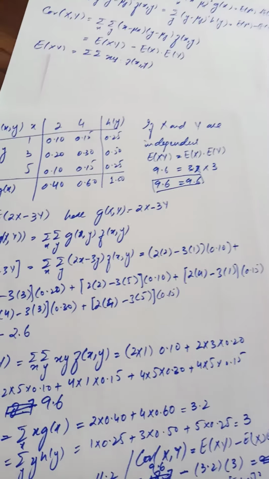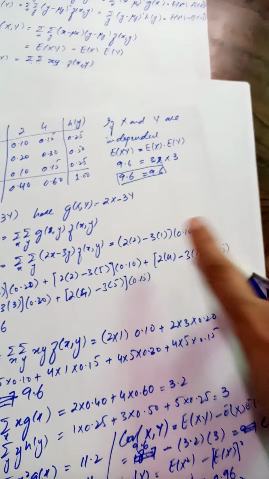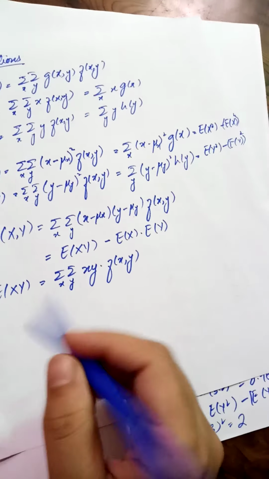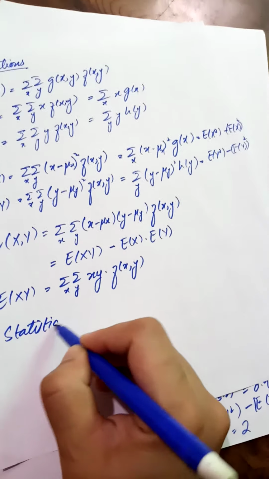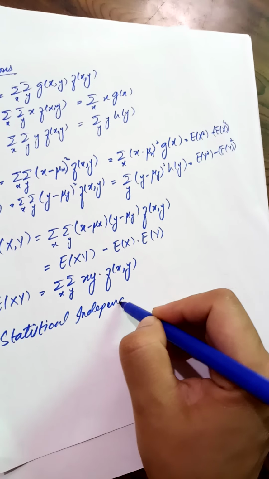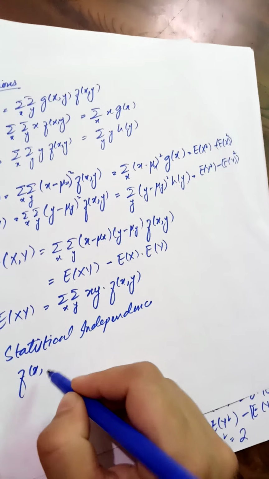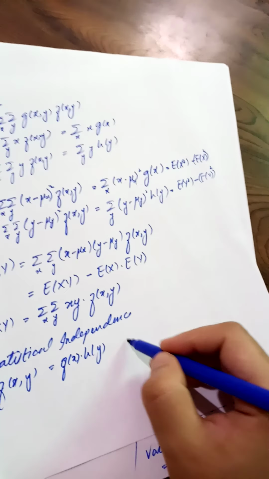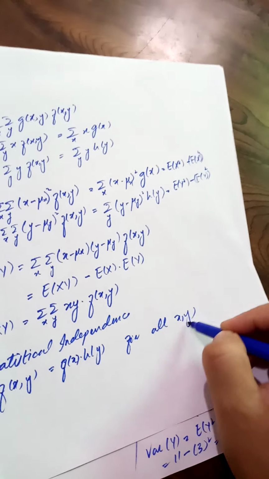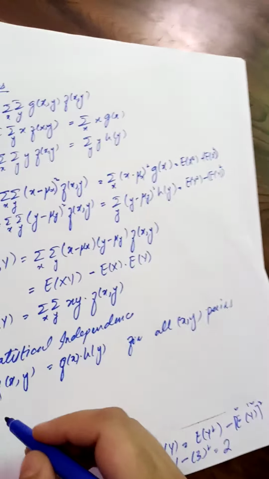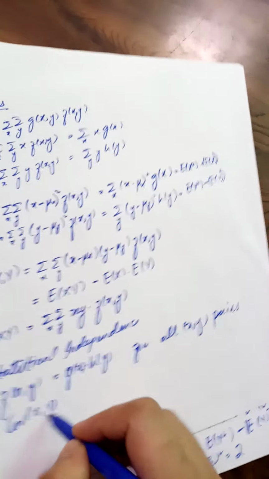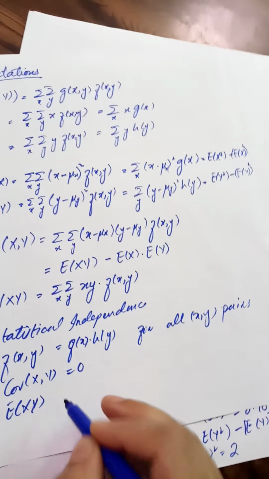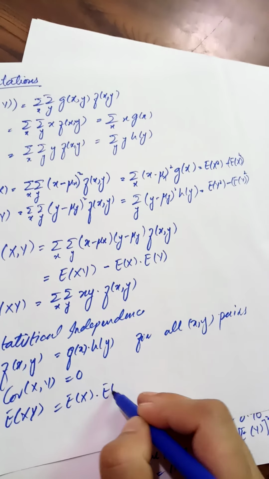So we have discussed three methods. Number 1, for statistical independence, the first condition was f of xy should be equal to g of x into h of y for all xy pairs. The second condition we observed is covariance of x and y is equal to 0, and the third thing is expected value of xy is equal to expected value of x into expected value of y.